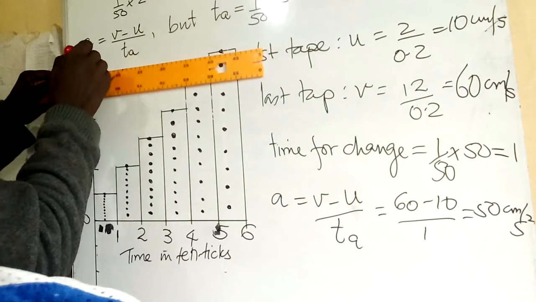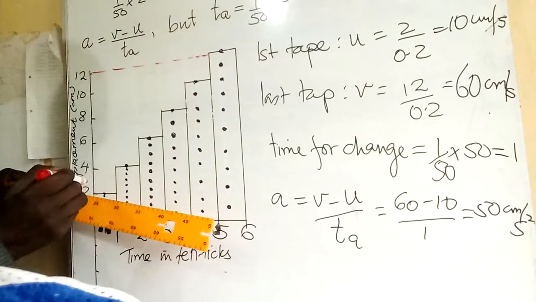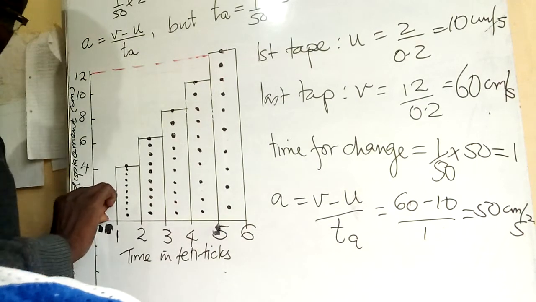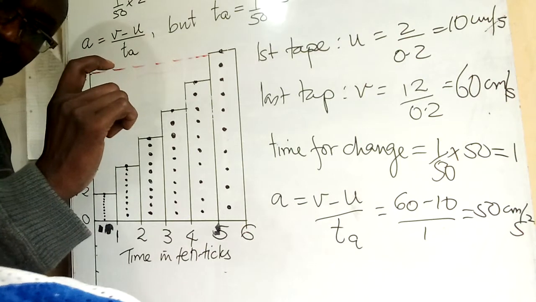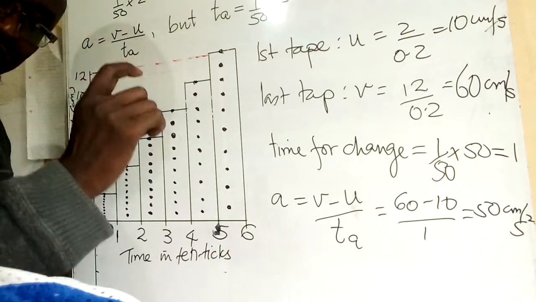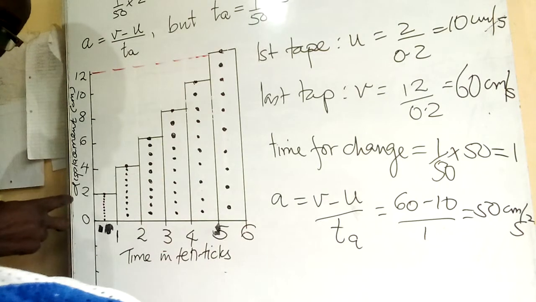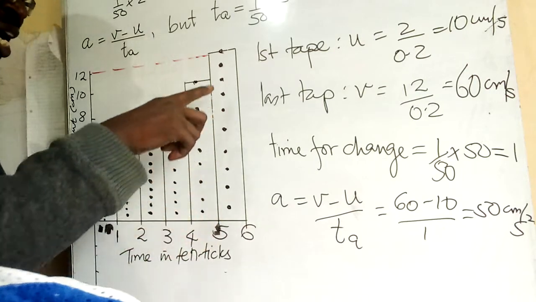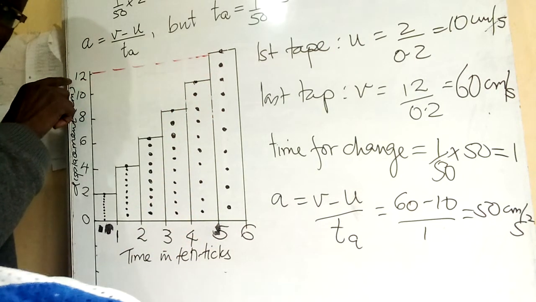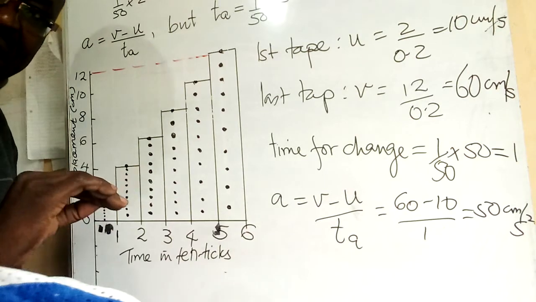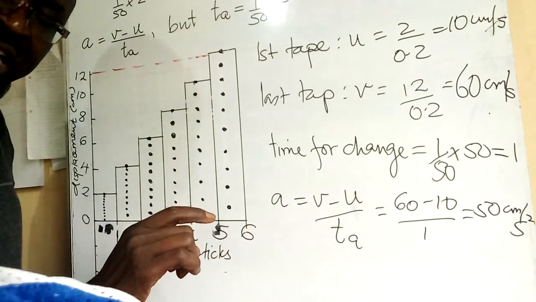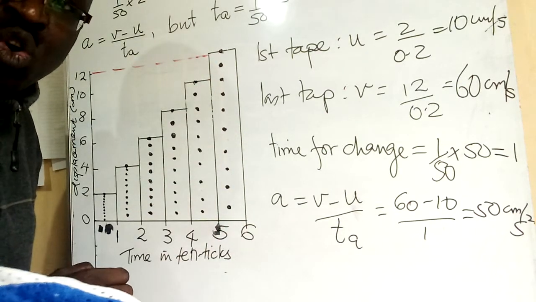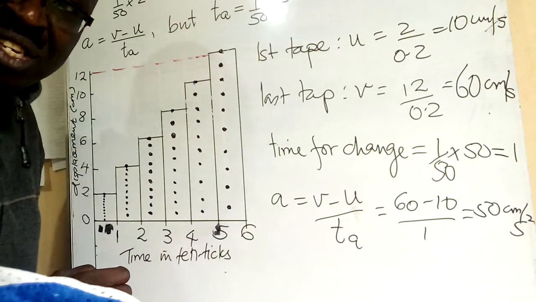So we have the length of the first tape, which will be used to give me initial speed. It is 2 centimeters. The last tape has a length of 12 centimeters. So as far as initial speed and final speed are concerned, I know their distances.